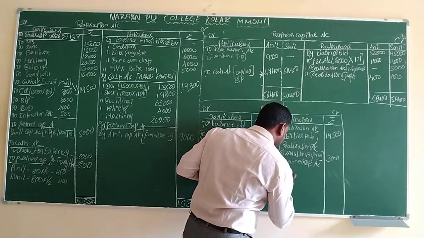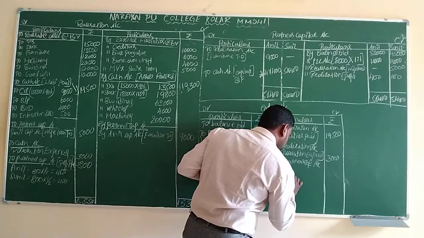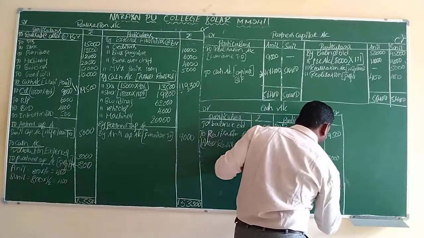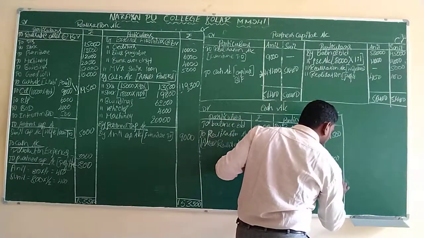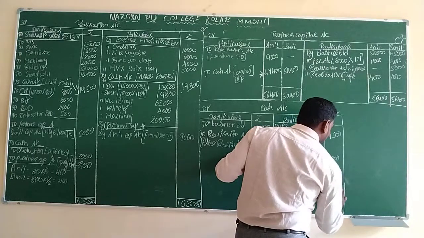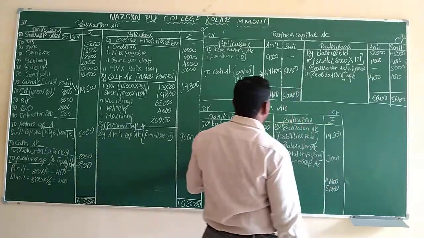Under this, first partner Anil, second partner Sunil. The value of Anil is 47,400. The value of Sunil is 54,400.